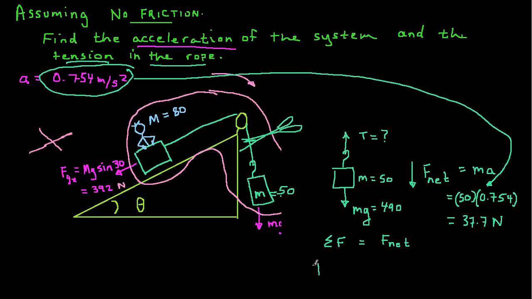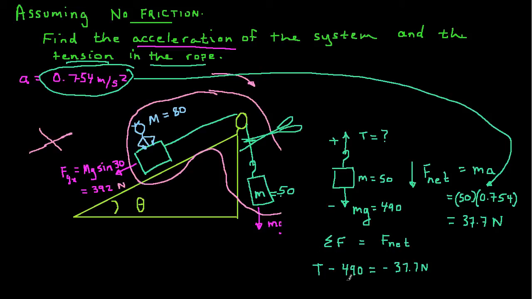So T, it's going to be an upwards force, minus 490. So now I'm replacing vectors with signed numbers. So I'm saying down is negative, up is positive. So T minus 490 is going to be equal to, this is also a downwards force, so minus 37.7 newtons.